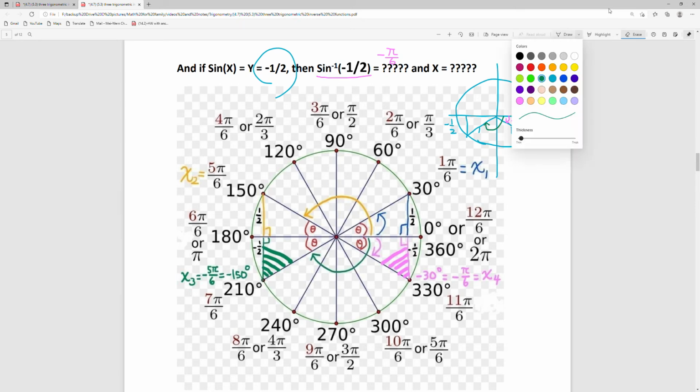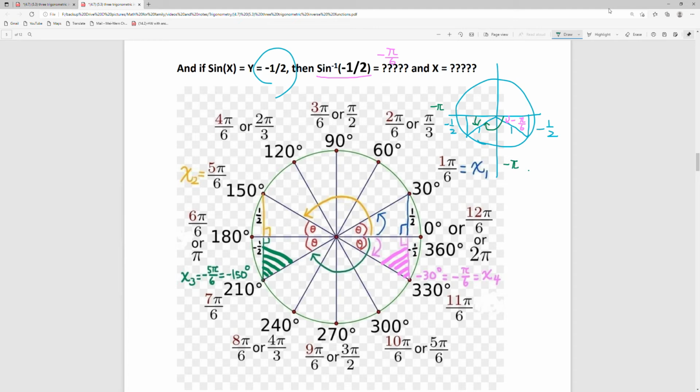So how do you calculate the negative angle? This is almost negative pi here. So I will say negative pi and then plus back pi over 6. Or you can say negative pi, take away negative pi over 6.